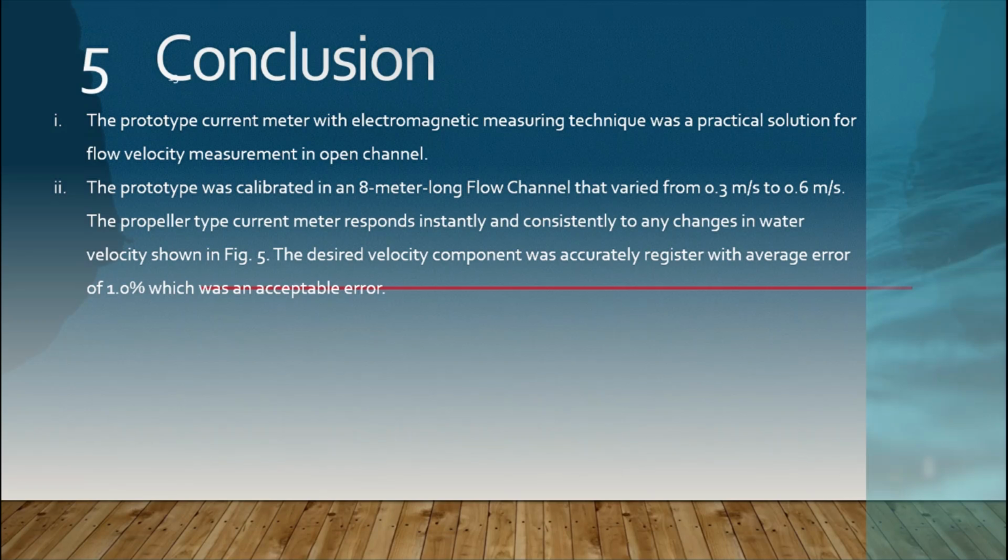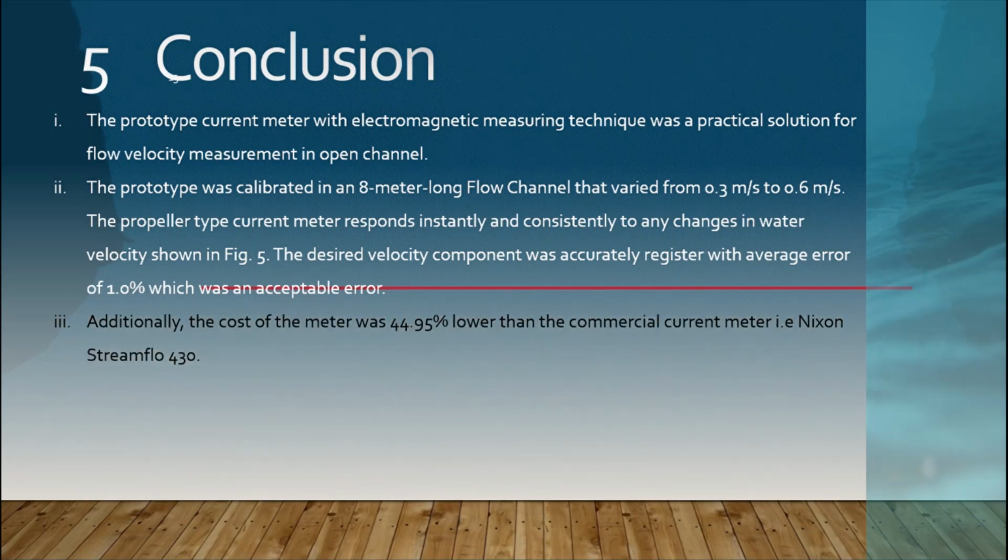The prototype was calibrated in an 8-meter-long flow channel with velocities varying from 0.3 to 0.6 meter per second. The propeller type current meter responds instantly and consistently to any change in water velocity, shown in figure 5. The desired velocity component was accurately registered with an average error of 1%, which is an acceptable error.